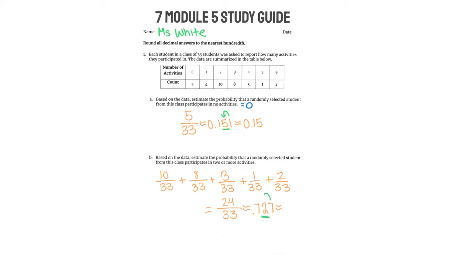I'm going to look at the 7, and I'm going to ask myself, is 7 going to round 2 to 3? Well, is 7 5 or greater? Yes, 7 is greater than 5. So we are going to round this up to 73 hundredths. All right, whatever you need to get done right now for this page, go ahead and write it down, and then we will move on to the next.